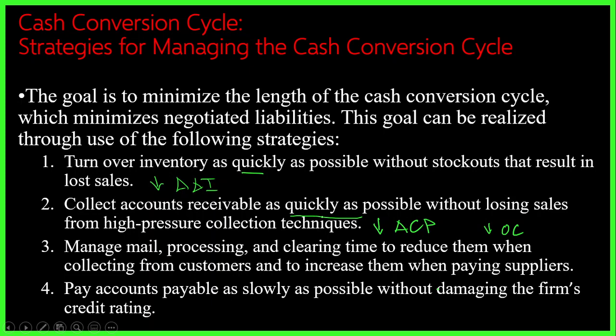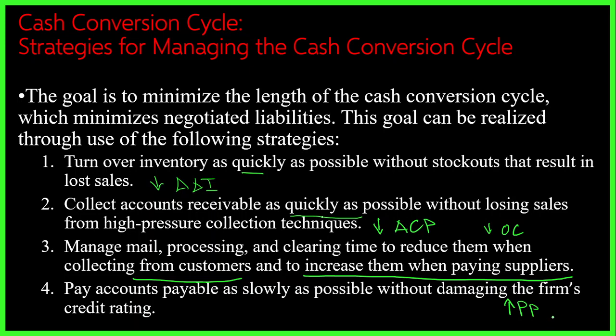Manage mail processing and clearing time to reduce them when collecting from customers. Again, this will result to lower collection period and to increase them when paying suppliers. This one will result to higher deferral period for accounts payable, which means mas mataas yung payment period natin.